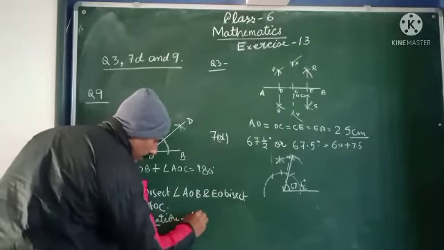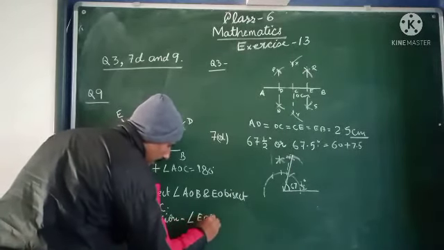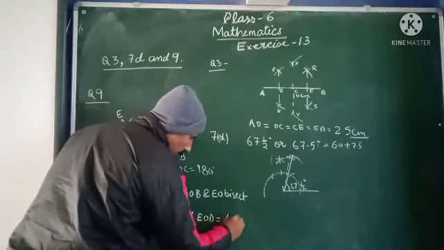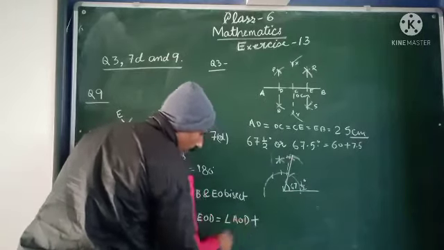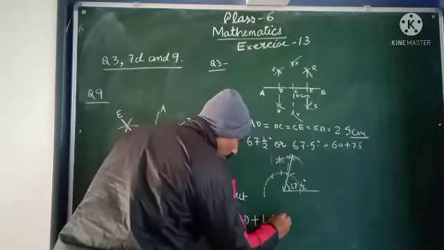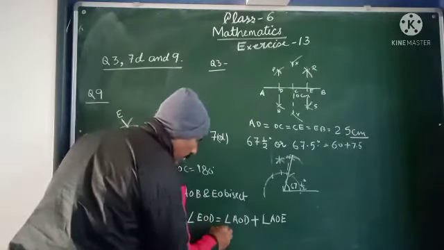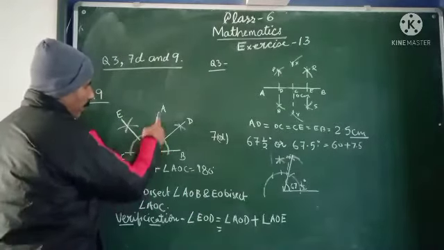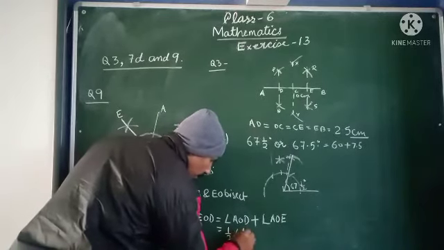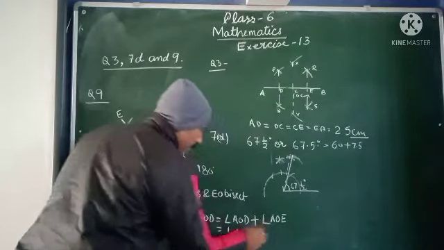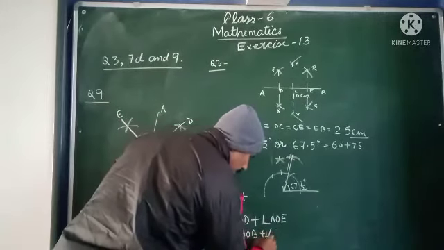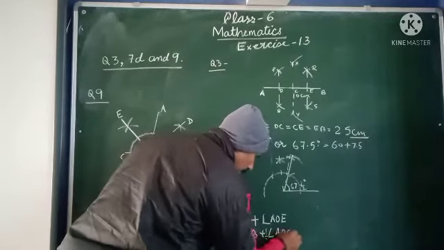We can write angle EOD is equal to angle AOD plus angle AOE. Now you see angle AOD is half of angle AOB, so you can write 1/2 angle AOB, and in the same way angle AOE is half of angle AOC.